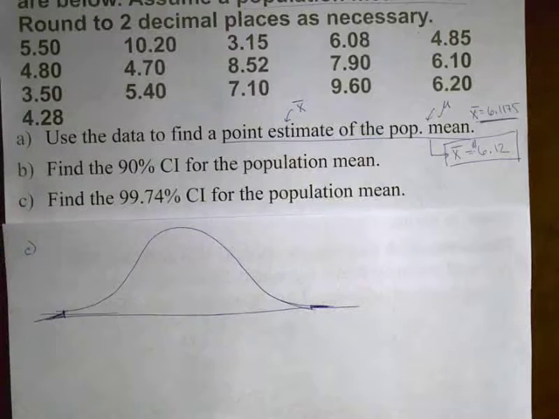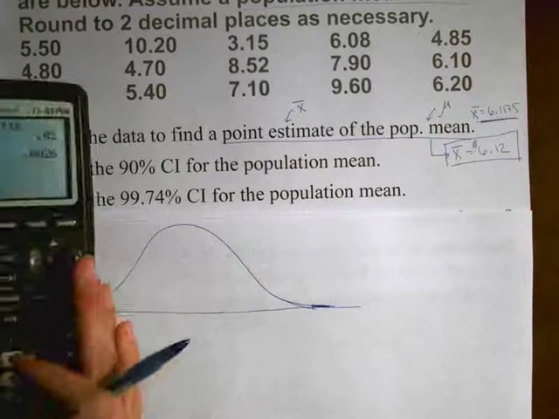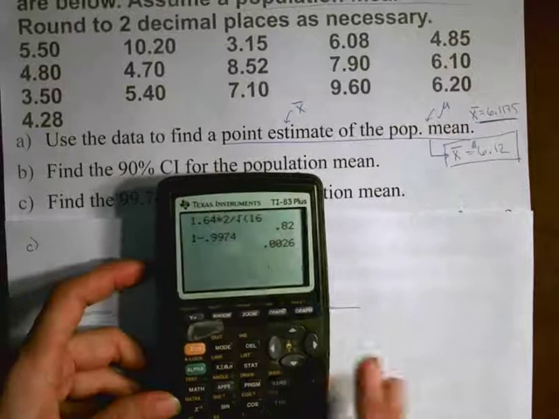I'm going to have the area under the curve be in this tiny little bit of area under the curve. So 1 minus 0.9974.